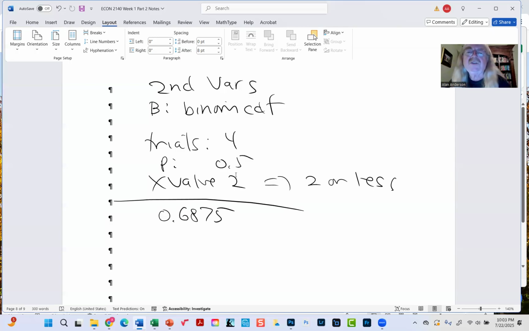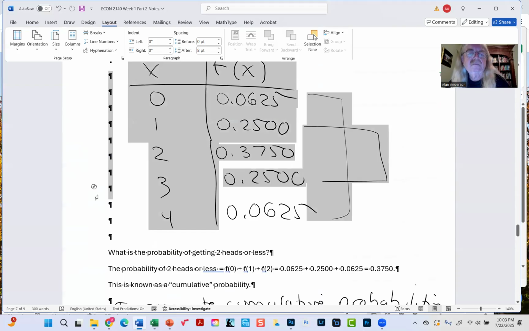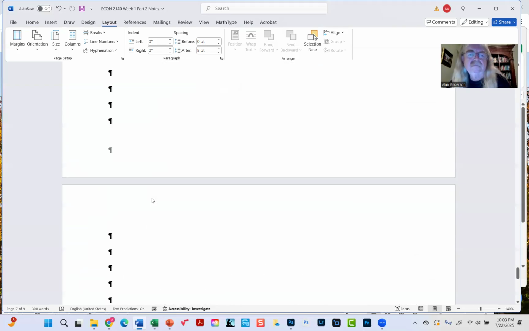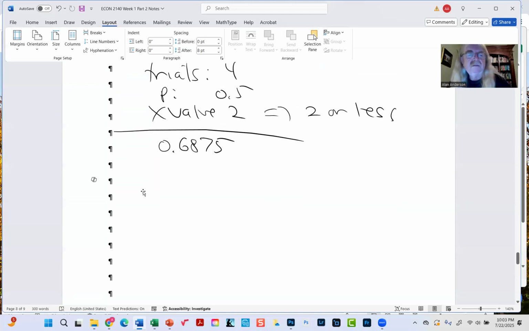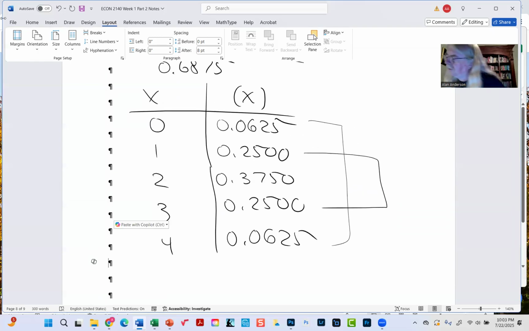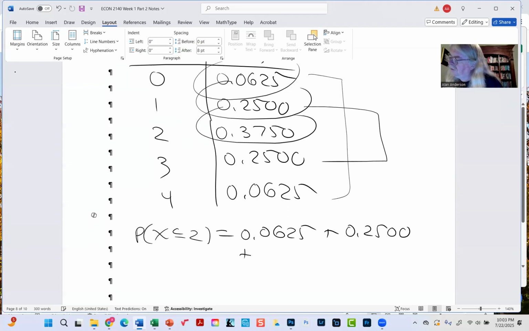So if we go look at our chart, we can confirm this by doing the following. We're going to add these up. In other words, 0.0625 plus 0.25 plus 0.375.